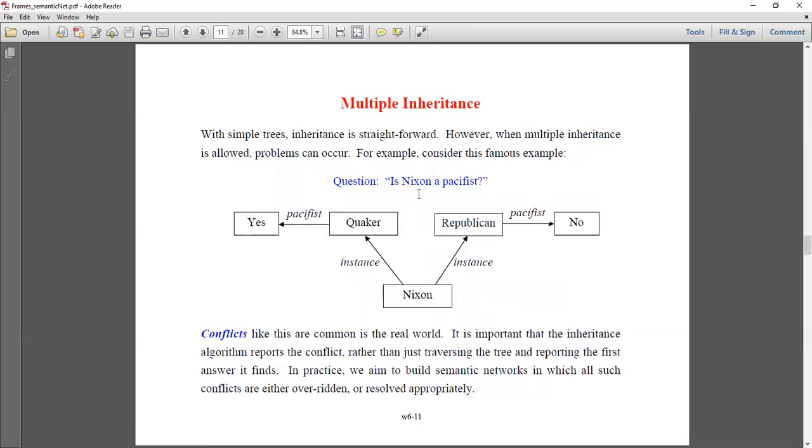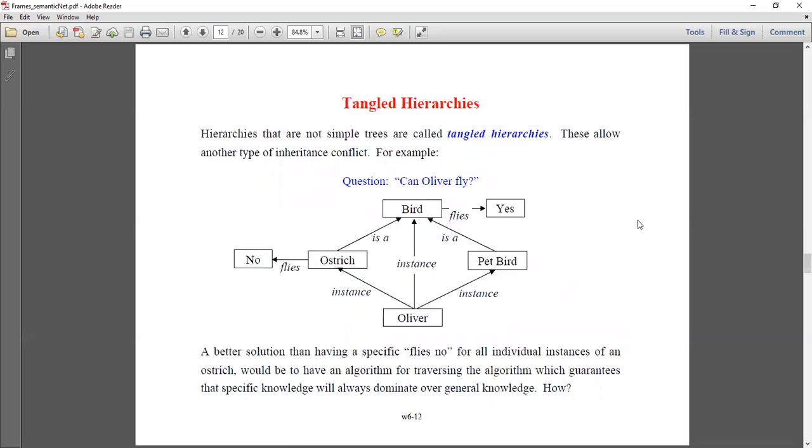We can have multiple inheritance also, as we can see in this example, and there can also be ambiguity because of multiple inheritance. For example: ostrich is a bird, pet bird is also a bird, Oliver is an ostrich, Oliver is a pet bird. Ostriches cannot fly, birds can fly.